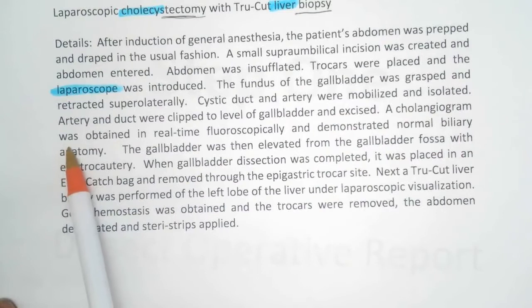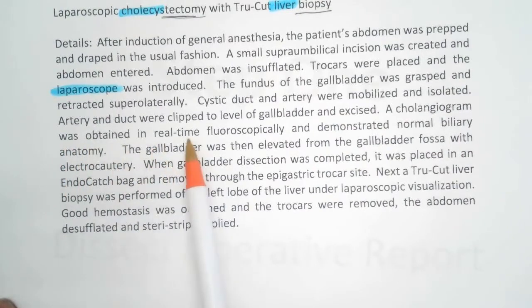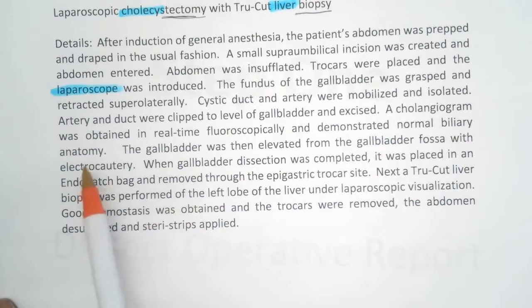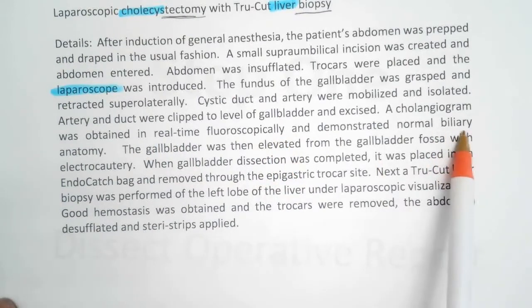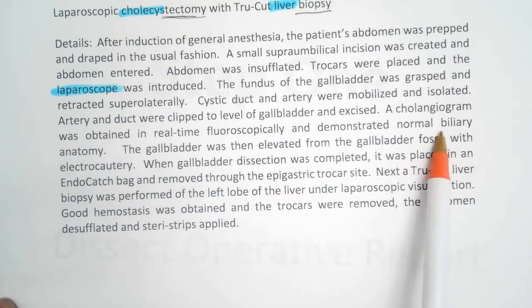A cholangiogram was obtained in real time fluoroscopically and demonstrated normal biliary anatomy. Now, I know you're thinking, well, isn't this a type of endoscope? And the answer is no. This is actually a type of imaging, and they use the real-time imaging to view the biliary anatomy, and they found that it was normal.